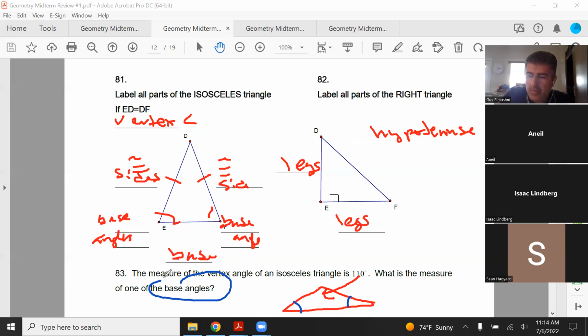How many do you have for the other two? Hopefully you got 35 degrees for the other two. You have to have 70 for the bottom. You got to split it. Thank you, Pippin. 35, you got it.